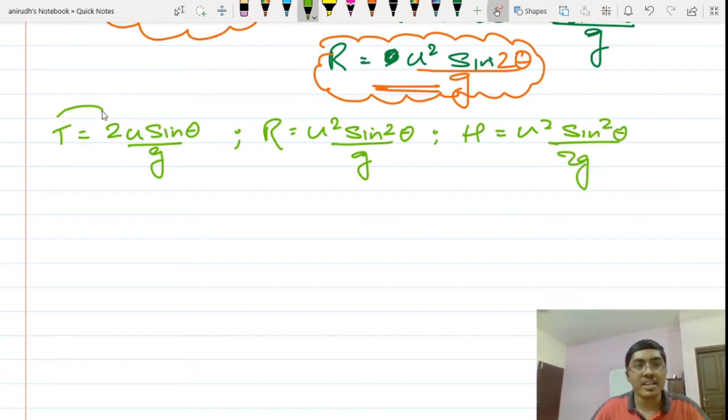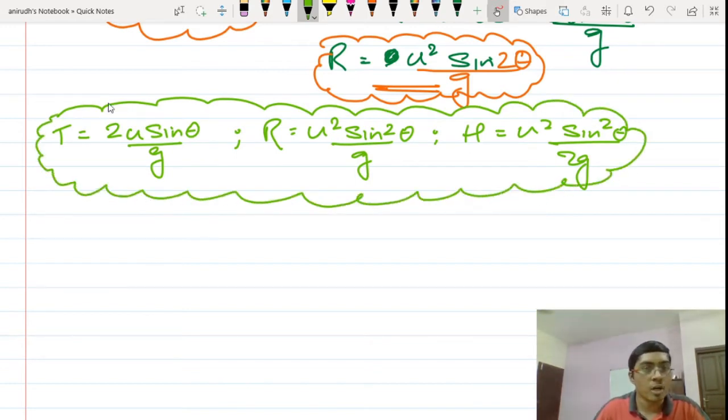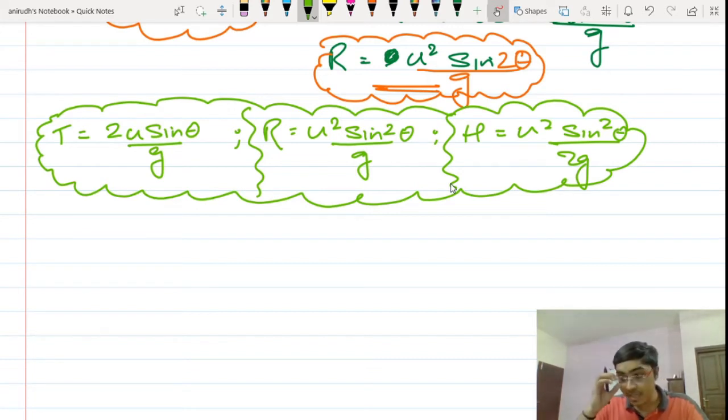So this is all with the very basic discussions that any class teacher will teach you whenever this kind of topic is discussed in projectile motion. Let us now solve some standard questions in projectile motion. Although projectile motion per se has not been asked in the 2017 paper, when I checked, I did not see any question from this.